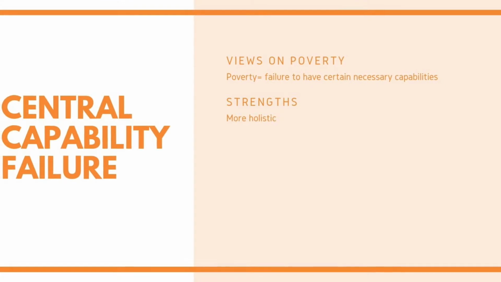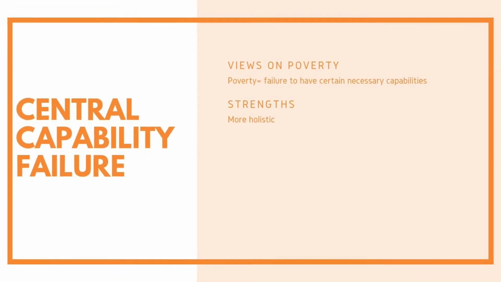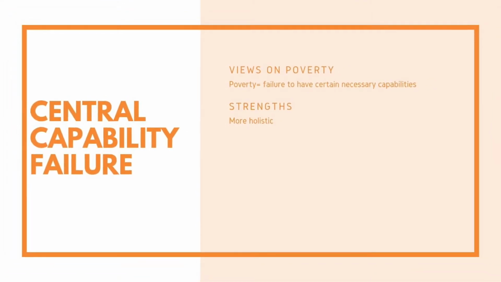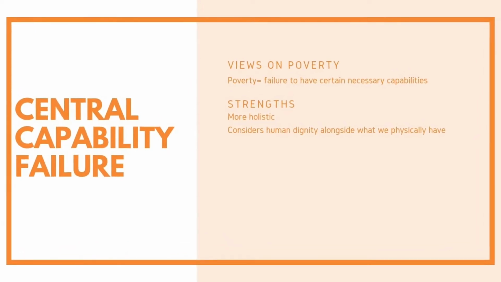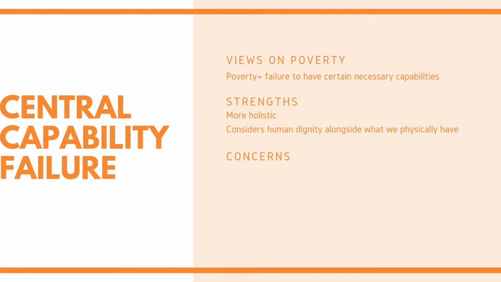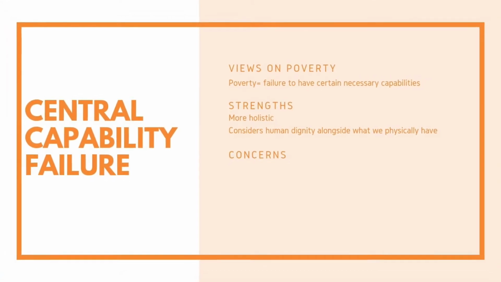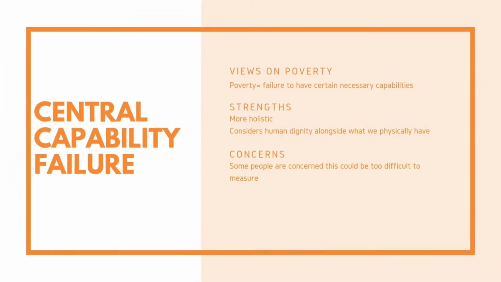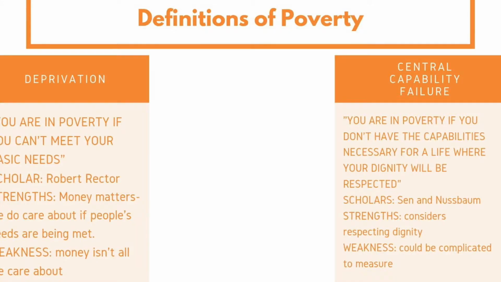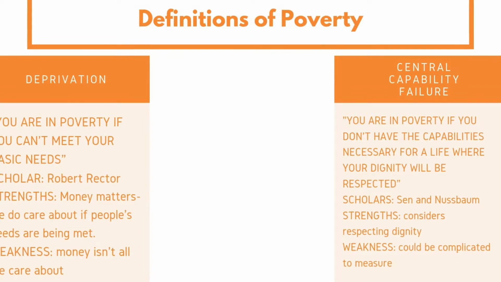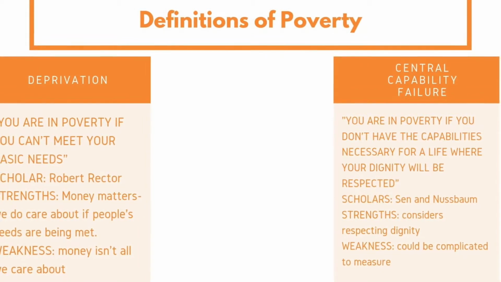So, back to central capabilities failure. Remember, this definition says that you are in poverty if you don't have a certain set of capabilities. It's a more complete definition because it considers the why of poverty analysis. To Sen and Nussbaum, and to us, understanding poverty matters because people matter. Humans have intrinsic dignity. And Nussbaum and Sen say you need certain capabilities in order for people to respect your dignity.